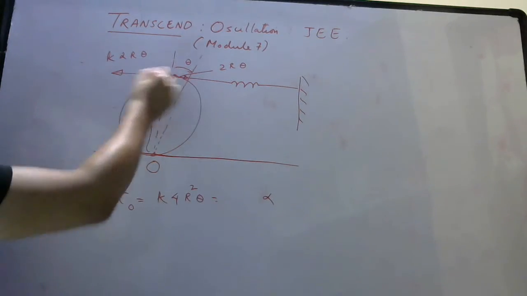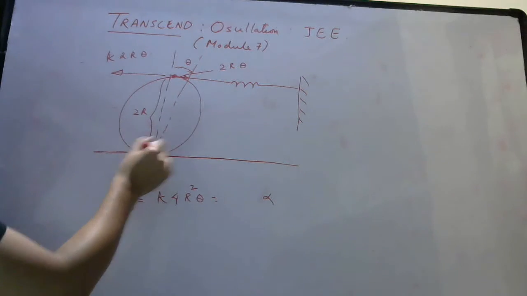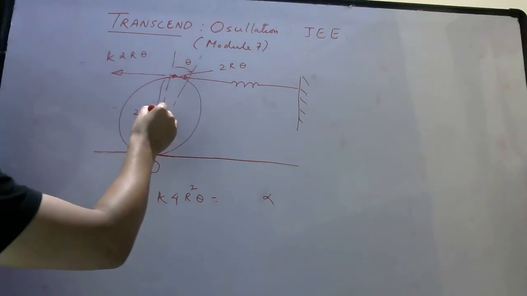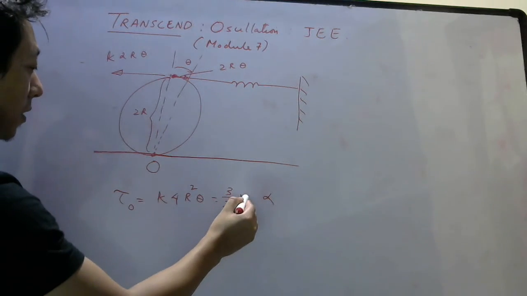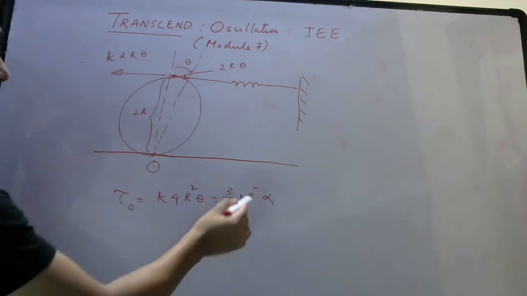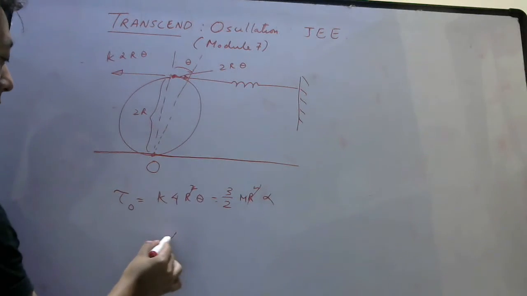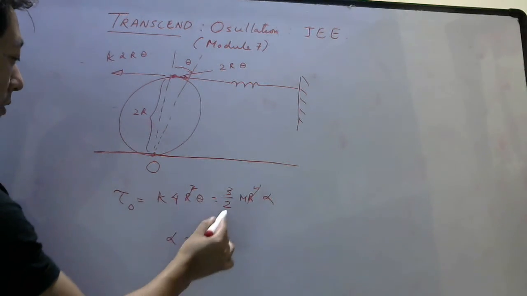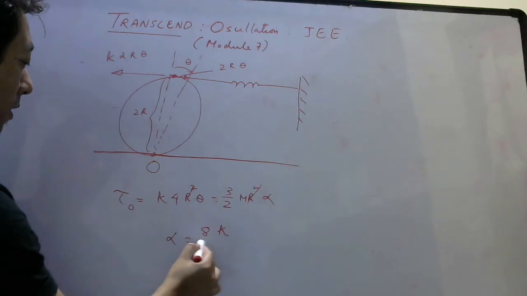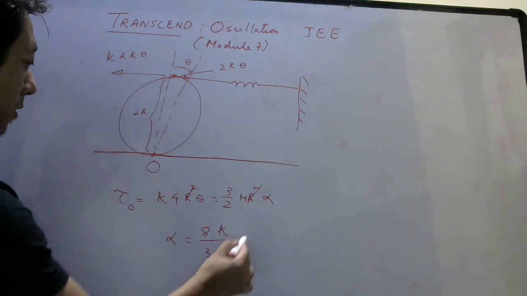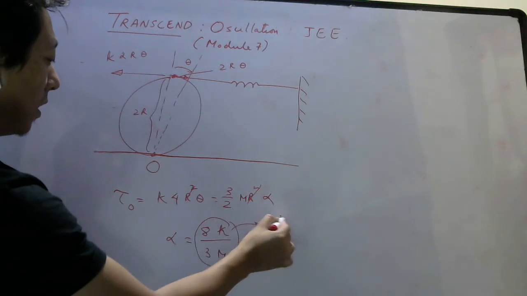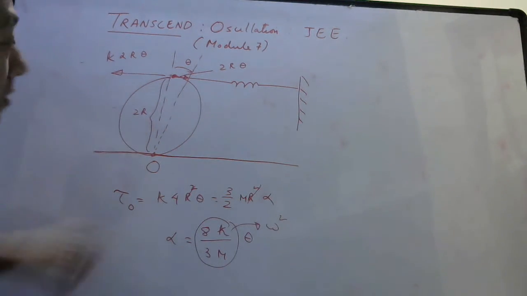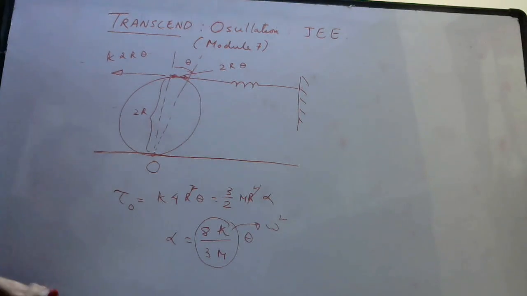Moment of inertia of this about this axis we have calculated, it is 3 by 2 mr square. So once you have found alpha, 4 twos are 8, it will be 8k by 3m times theta. So this is your omega square. I did this a little faster because it's a similar question to the one we did before.